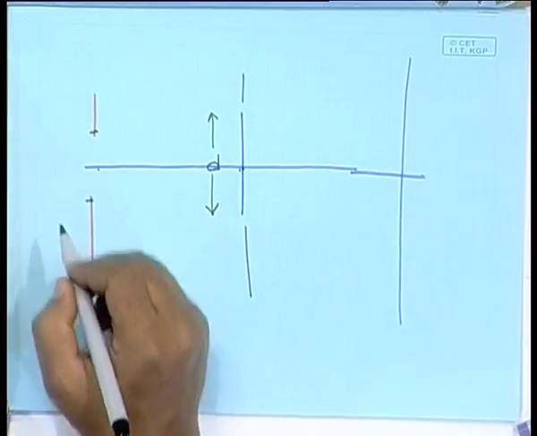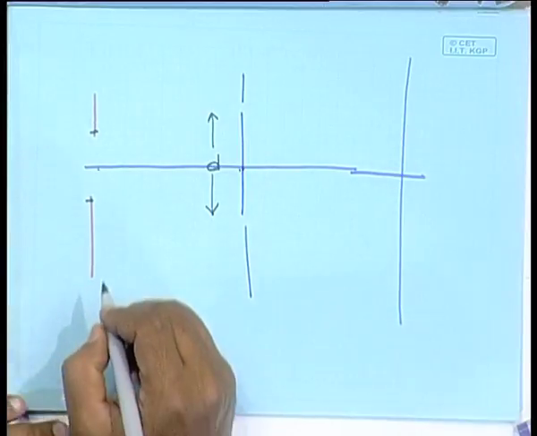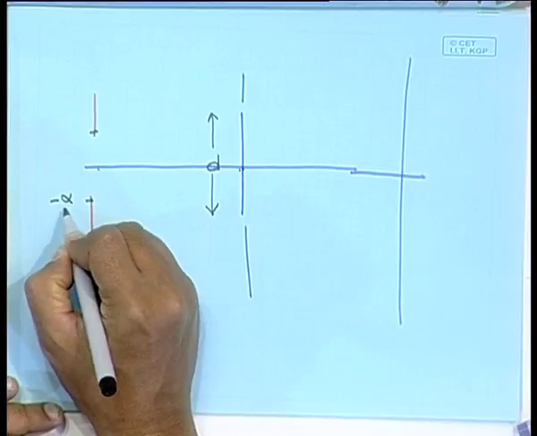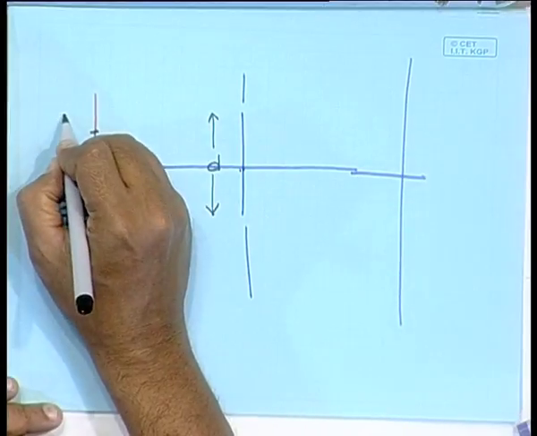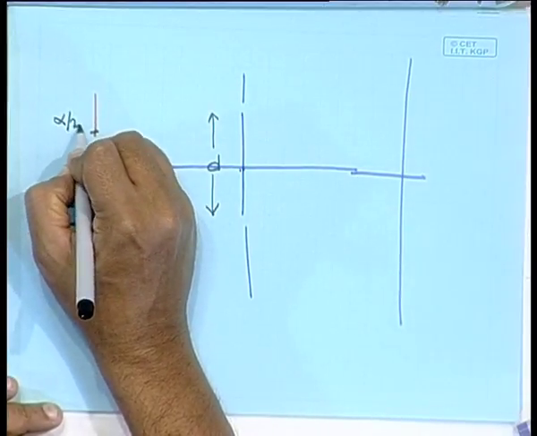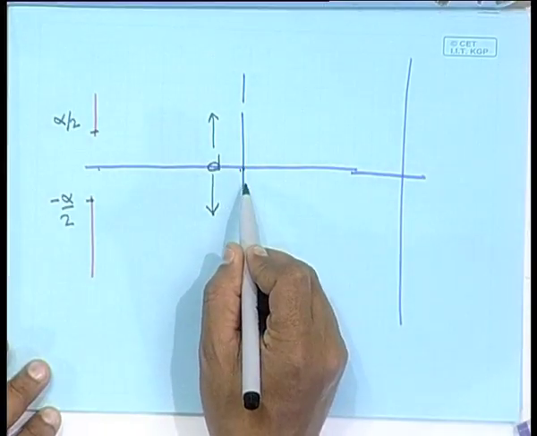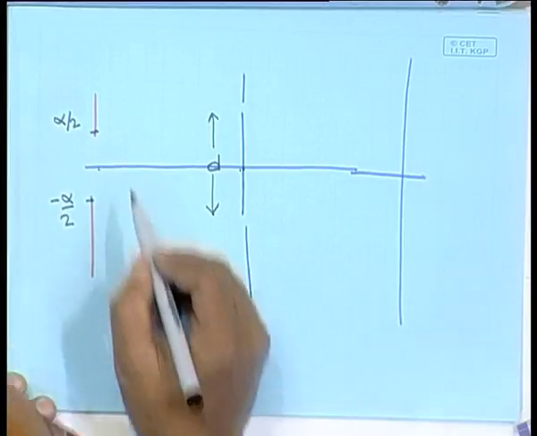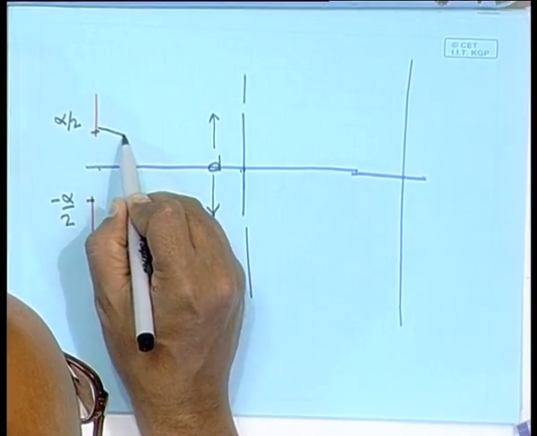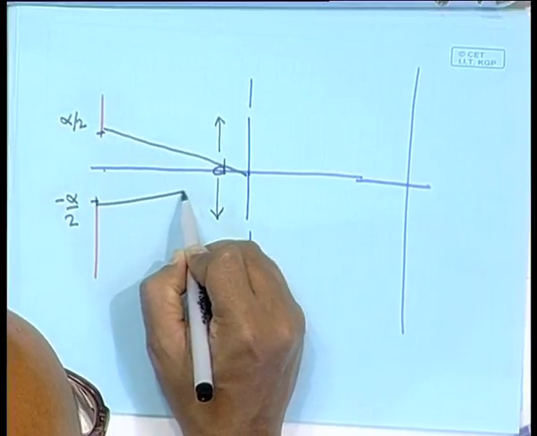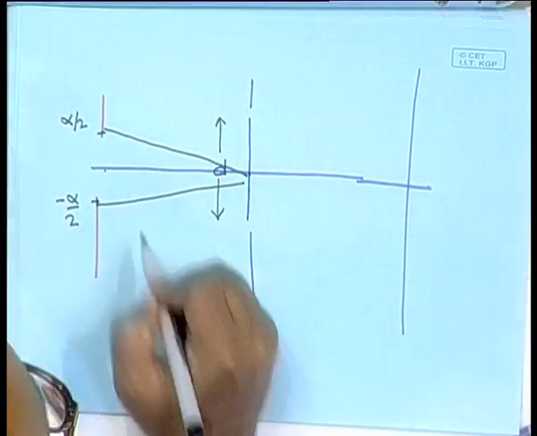So, we are going to assume that the source subtends an angle alpha at the slits, so it extends from minus alpha by 2 to plus alpha by 2. This angle subtended by the source at the slits is alpha.